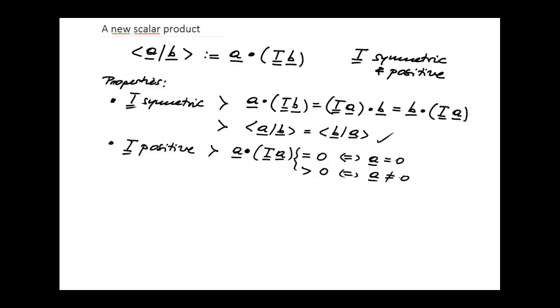This is, by definition of positivity, a consequence of the fact that T is positive. What's the implication of that for our new scalar product?